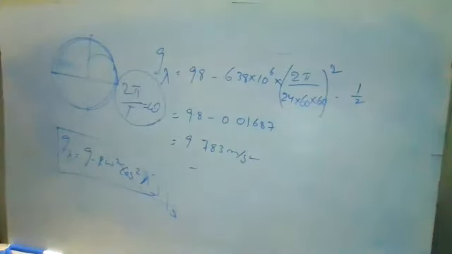Sir, the omega value comes as 7.27 into 10 to the power minus 5. Minus 5 comes? 10 power minus 5.